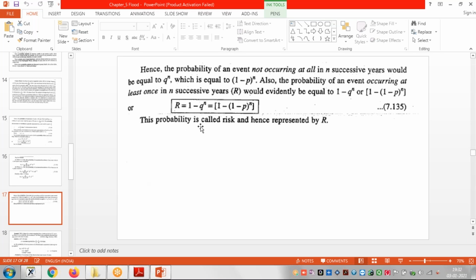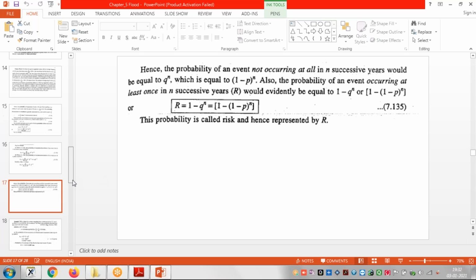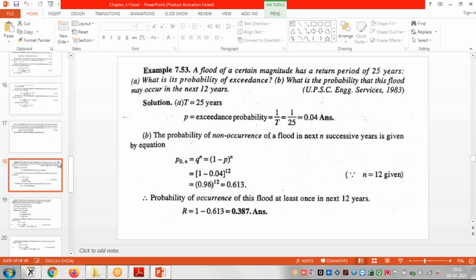This is the formula. Probability is called risk and hence represented by R. R means risk. See, for example, one example is given here. A flood of a certain magnitude has a return period of 25 years. It means there is a chance that the flood will return after 25 years, right?